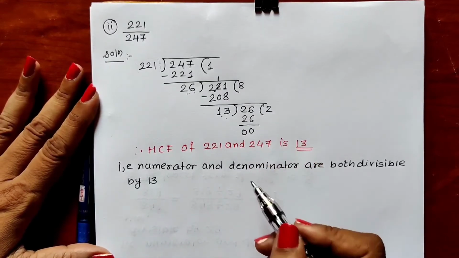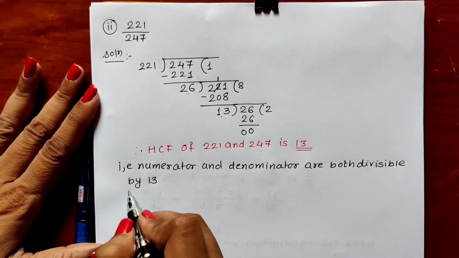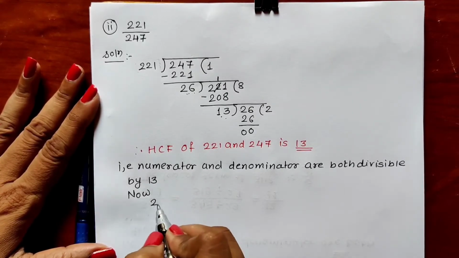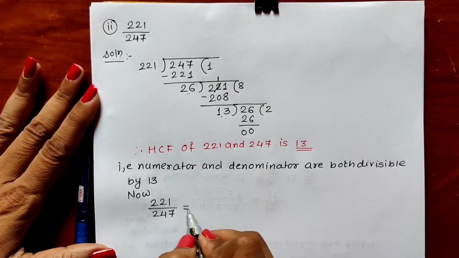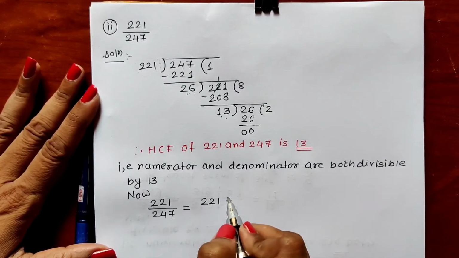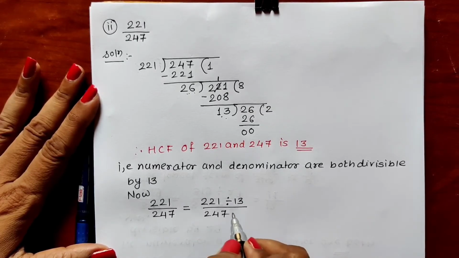So they both are divisible by 13. So as we have to find out the lowest term, what we have to do? We have to divide numerator as well as denominator by 13. So 221 upon 247 is equal to 221 divided by 13 and 247 also divide by 13.